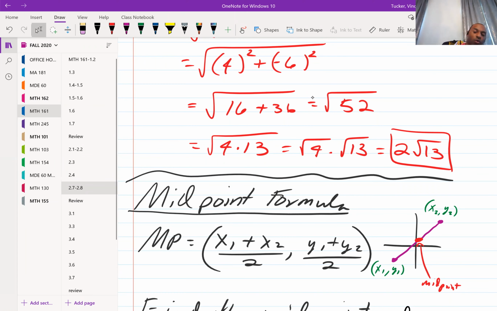Your midpoint is a coordinate, just like point 1 and point 2 would be. So you're talking about the coordinates of the middle point, the point between the 2 points that you are examining. So you do x1 plus x2 over 2, y1 plus y2 over 2. That will give you your point in the middle.